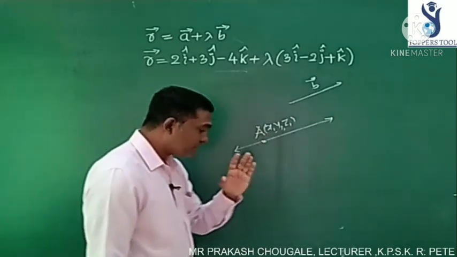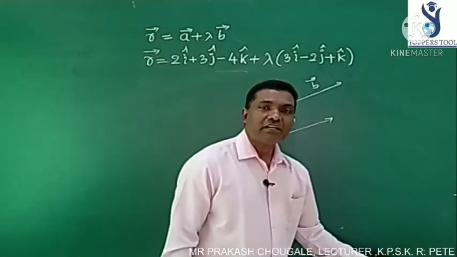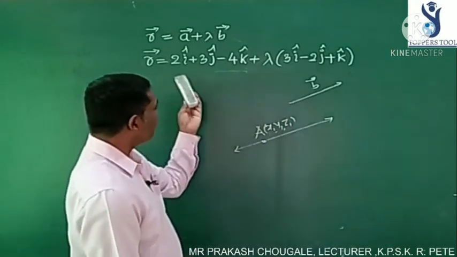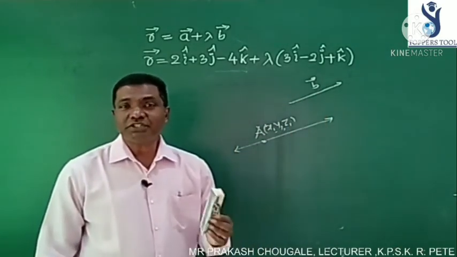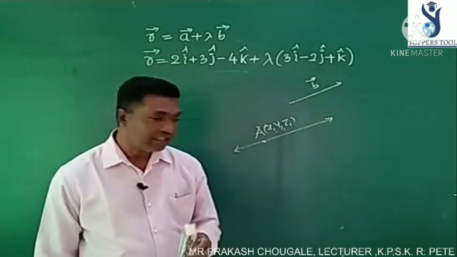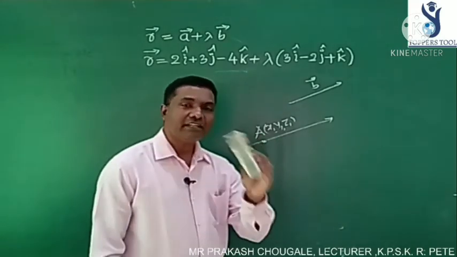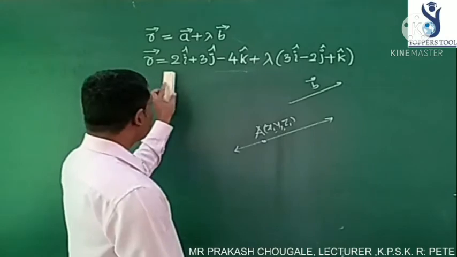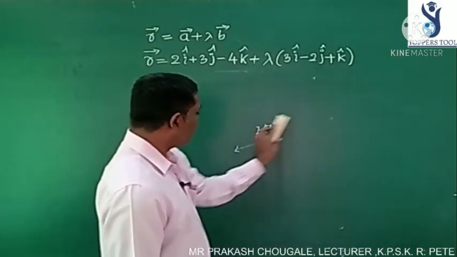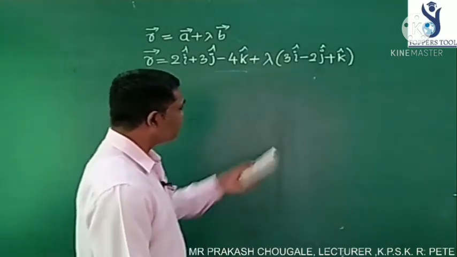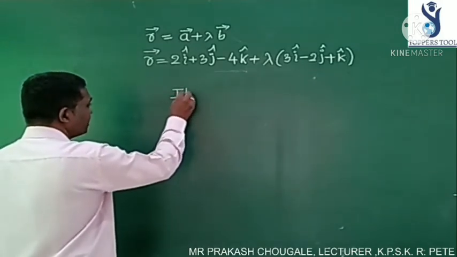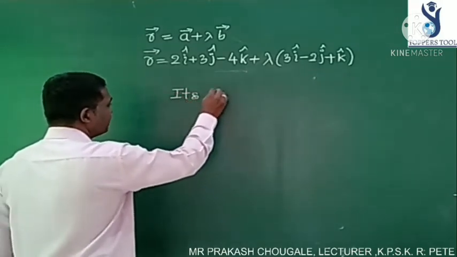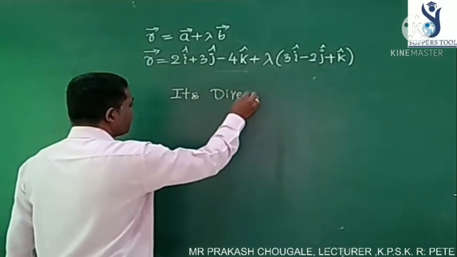Now you must be able to tell what the direction ratios of this line are and what the position vector of one point that lies on the given line is.